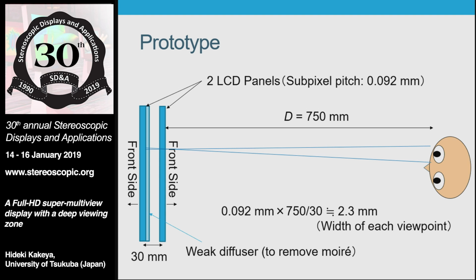And if the viewer is 750 millimeters away from the front panel, the width of each viewing zone is 2.3 millimeters. The aperture of the pupil is around 4 or 5 millimeters. So this small width of viewing zone can stimulate focal accommodation.